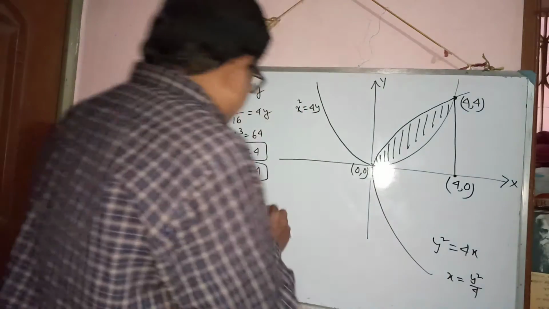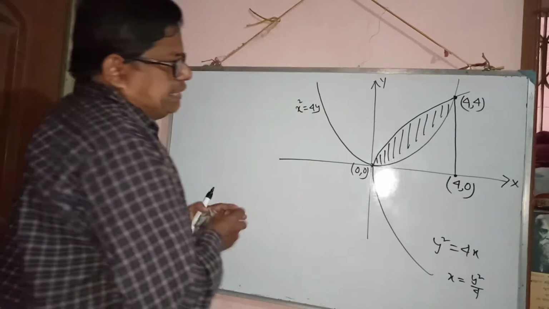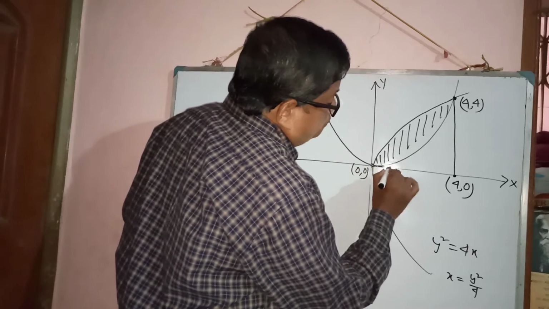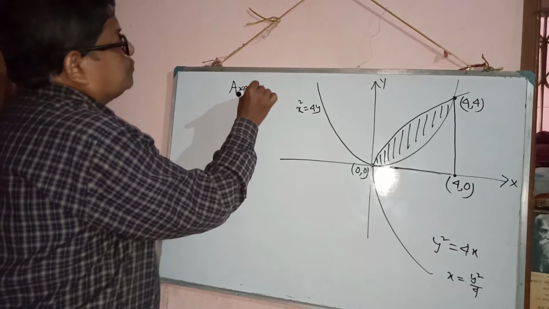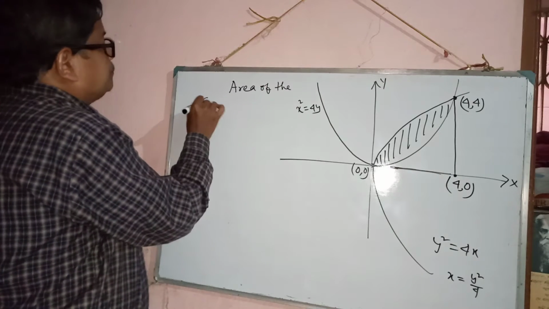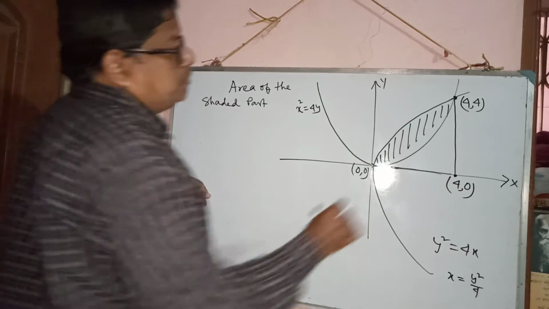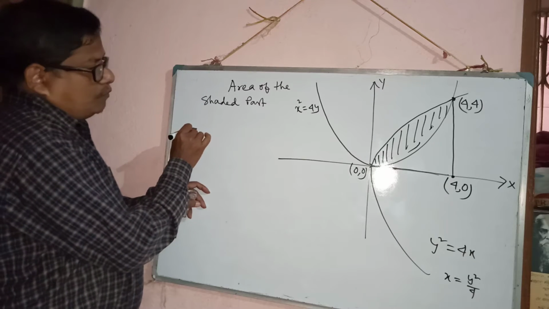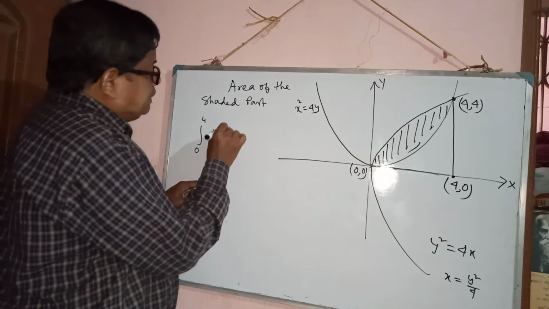Now the area of the shaded part: area of the shaded part means, you can do 0 to 4 along the x-axis, so y dx.